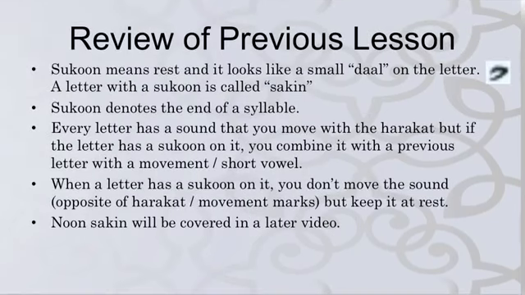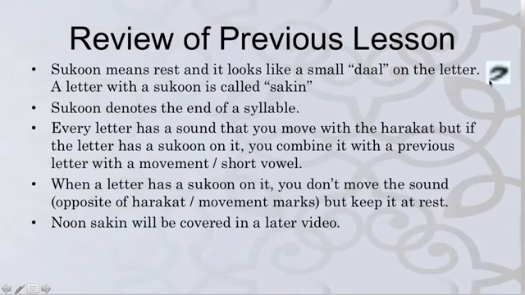Okay, so a quick review of the previous lesson. In section 2, lesson 7, we discussed all about the Skoon and what it means. And Skoon basically means to be at rest. And the diacritic, when placed on a letter, looks like a small dal. And on your right hand side, right there is the diacritic and what it looks like when it's placed on a letter.